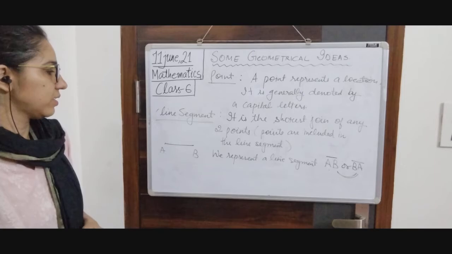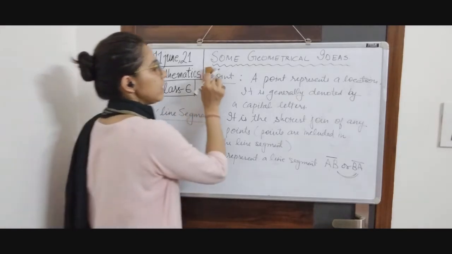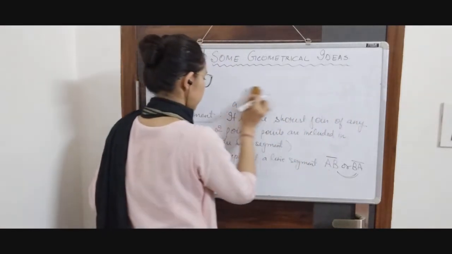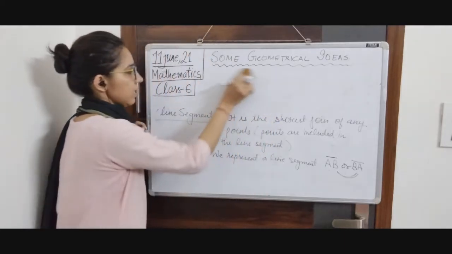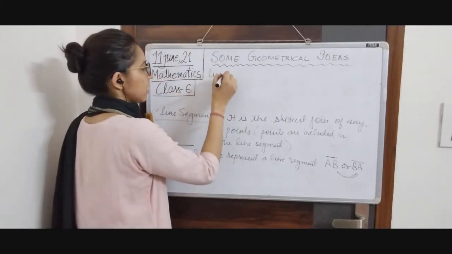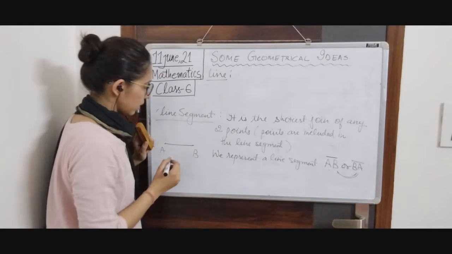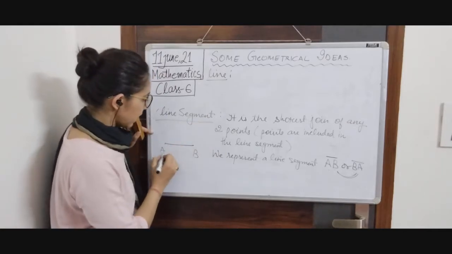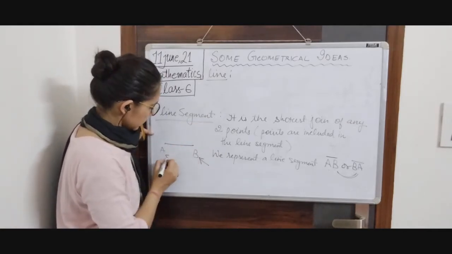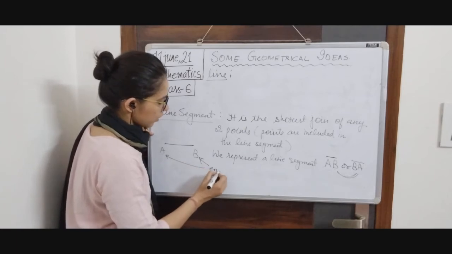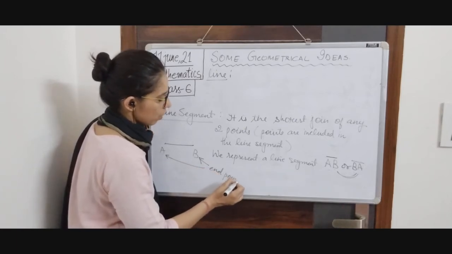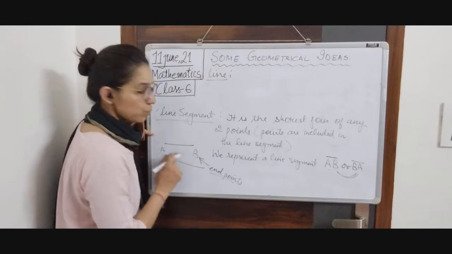Next we have a line. Now in this line segment, these A and B points are known as end points. We are not going beyond these points.